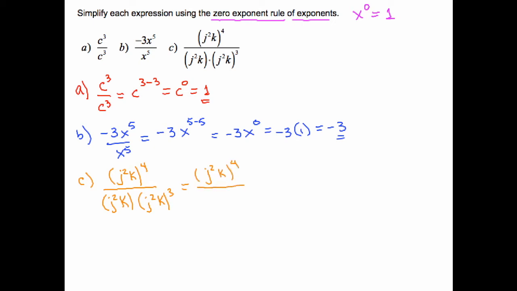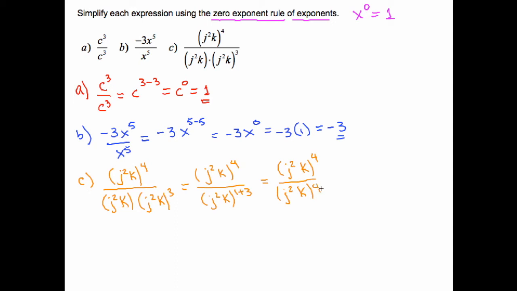In the denominator, I'm multiplying by a common base of j squared k. When you multiply with a common base, you can add the exponents. That'd be 1 plus 3. So again, in the numerator, I have j squared k raised to the 4th over j squared k raised to the 4th.